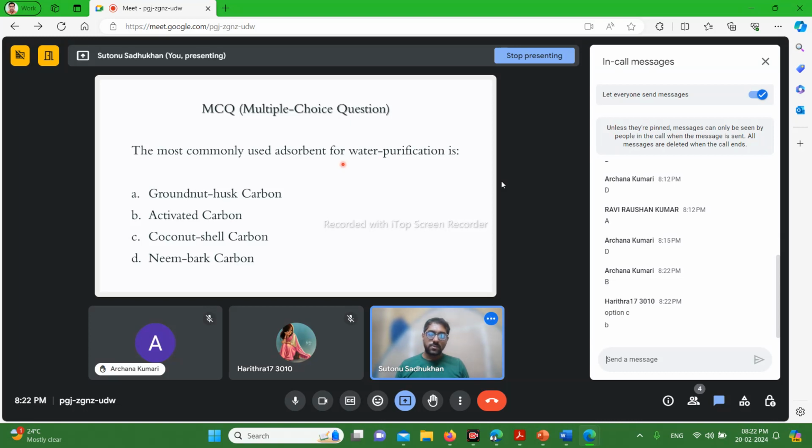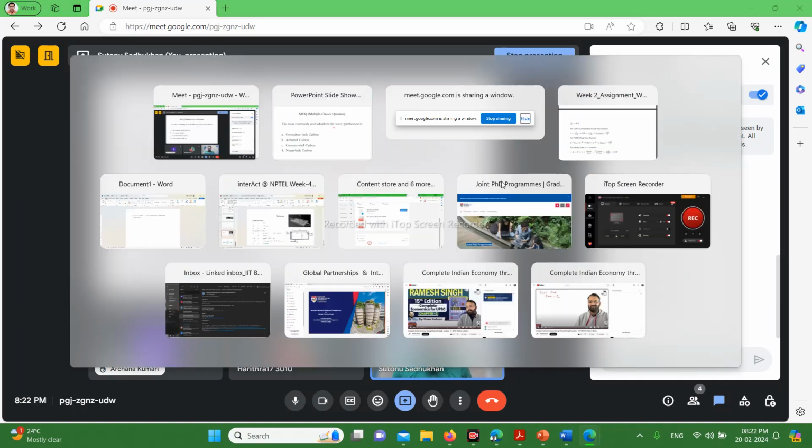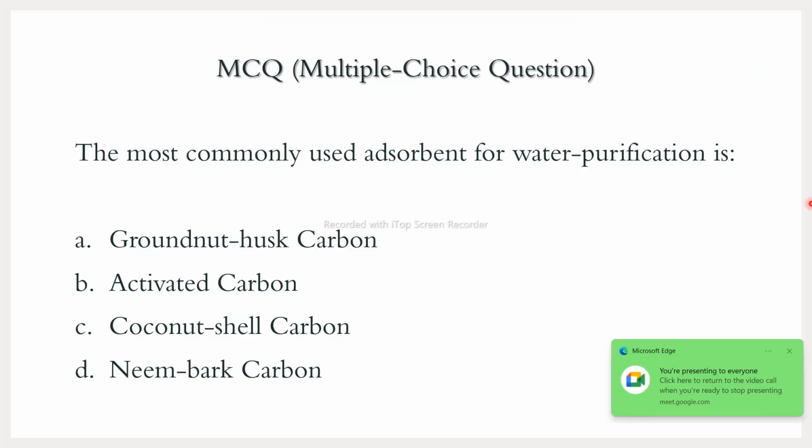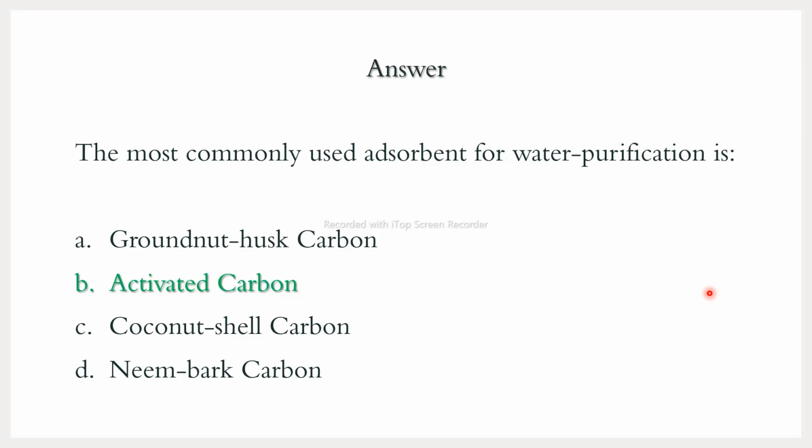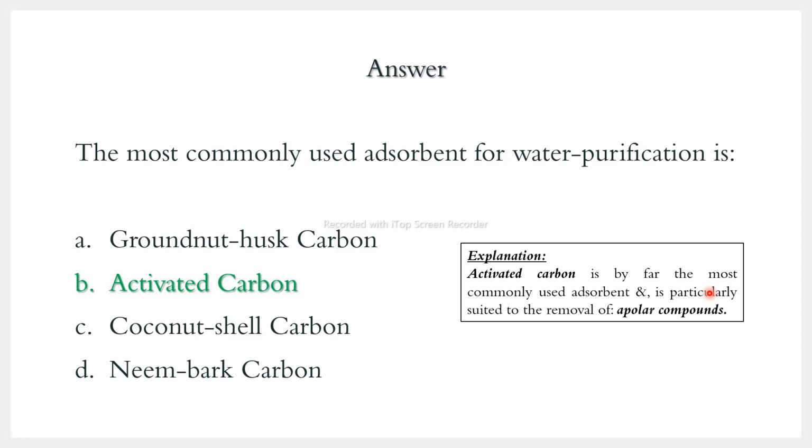Orchana is saying option B, Horithra is saying option C, and option B you are saying. Activated carbon, I think both of you are correct only. We'll see. So the answer is activated carbon. Yes, you are right.